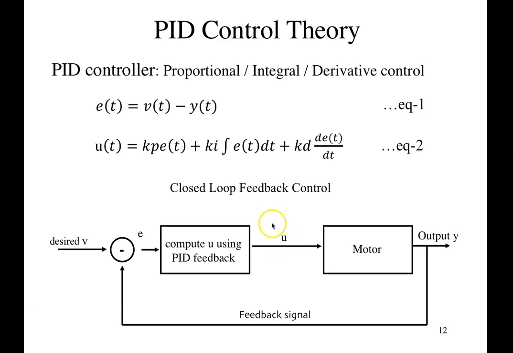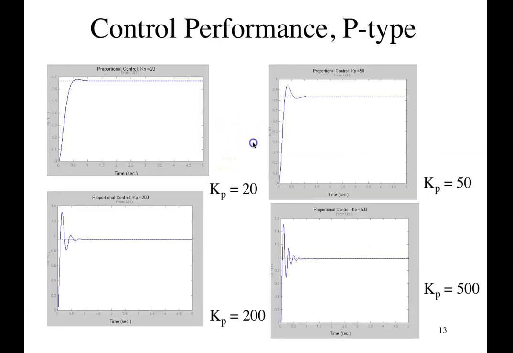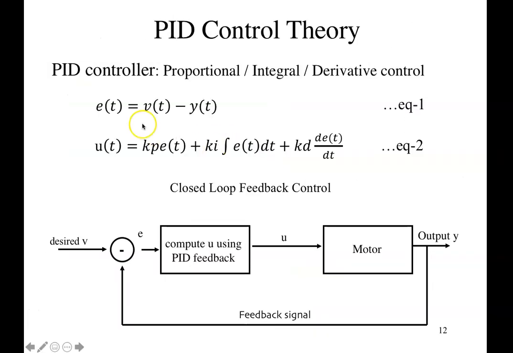The second term of that controller is known as the integral term. If you look at this term in the middle of equation 2, it is the integration of the control error from time 0, I've not marked the 0 there, to the time of your control, with a control gain of Ki.